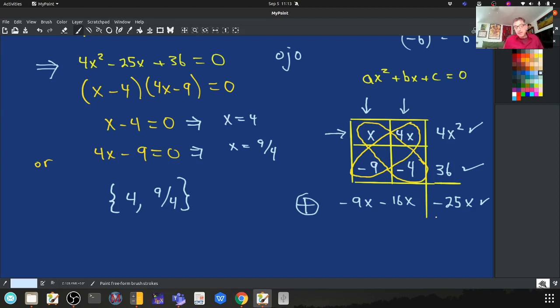Math allows you to make some choices, and whenever you're given choices in math, if the choice is valid, they'll both lead to the correct answer. So the choice is subjective, and you get to make that choice. If you use the quadratic equation, there's a lot of things you're going to have to do.